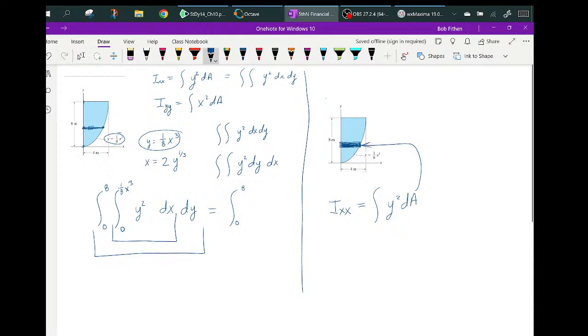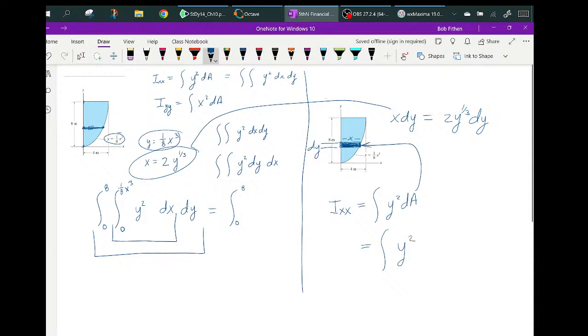He's going to call this x dy. So x dy is going to look a lot like 2y to the 1/3. That's because this is the x dy. And so then he's going to do it like this.